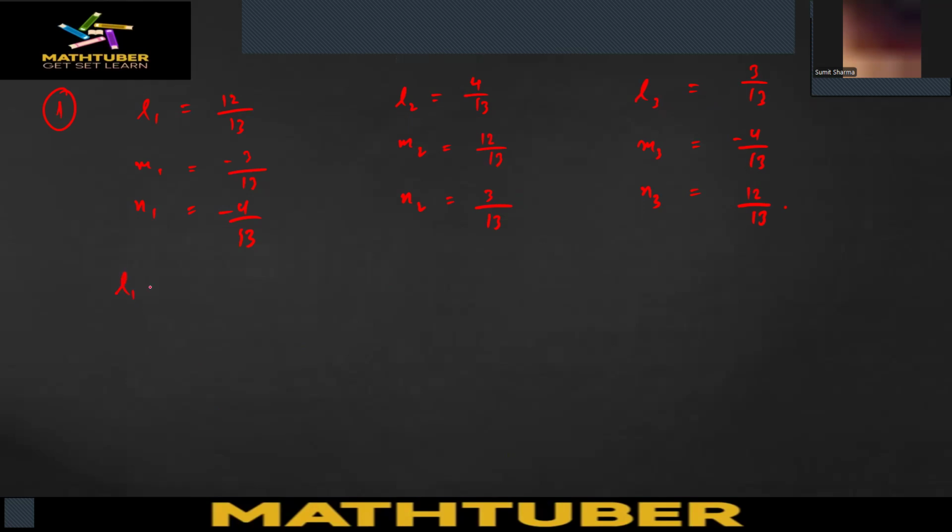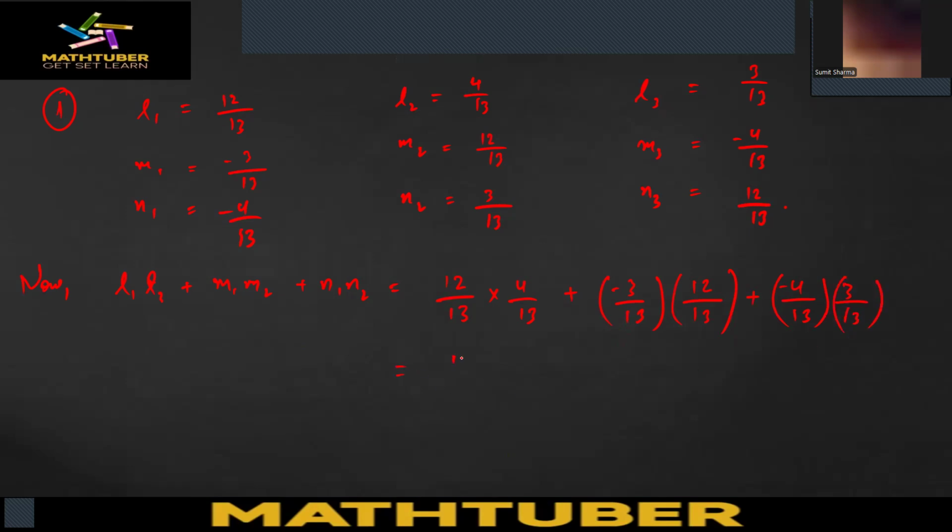So if we take L1 into L2 plus M1 into M2 plus N1 into N2, put the values: 12 by 13 into 4 by 13, plus minus 3 by 13 into 12 by 13, plus minus 4 by 13 into 3 by 13.